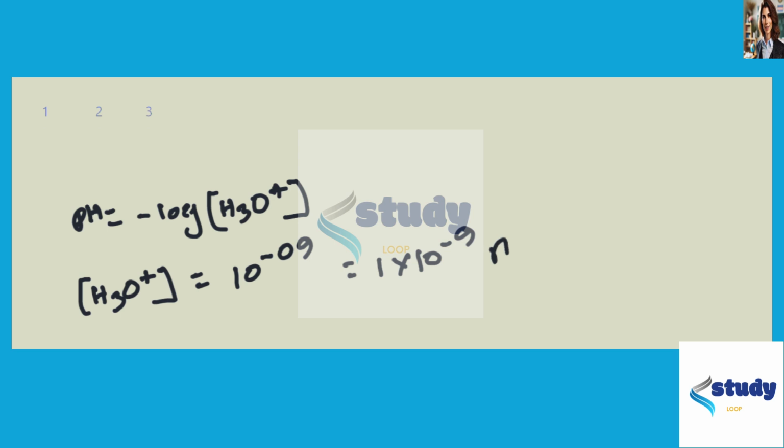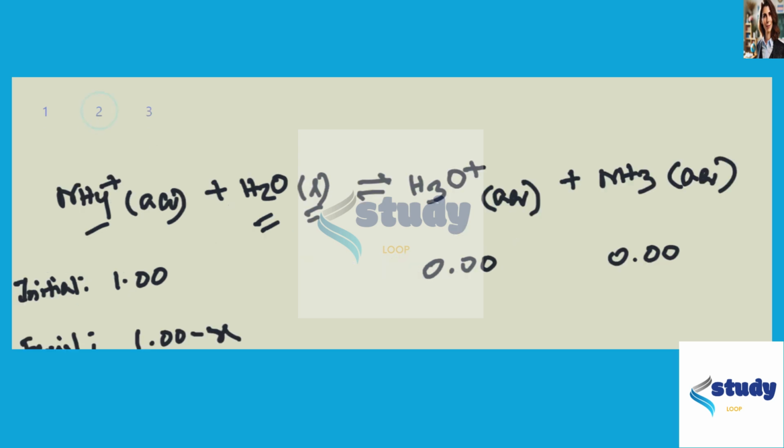So this is the H3O+ concentration of this solution. We write it here as our final H3O+ concentration, and the final NH3 concentration will be how much of the NH4+ ion is being dissociated in water.